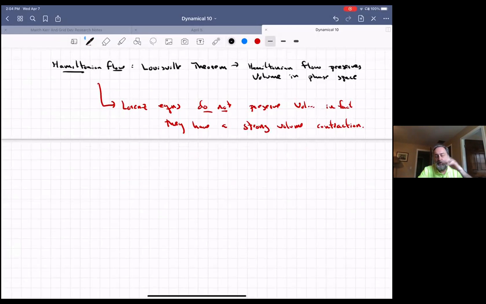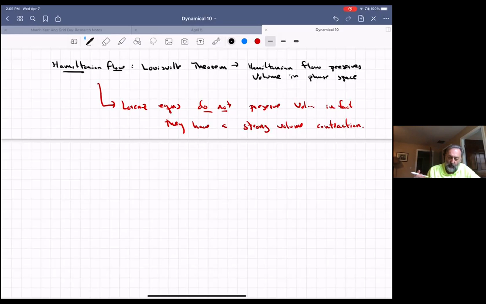So the trajectories don't end up winding around a region of three-dimensional space. So we got a three-dimensional flow, right? You run the system for a while and the trajectory is not filling a three-dimensional volume somewhere in the space because there's this volume contraction.